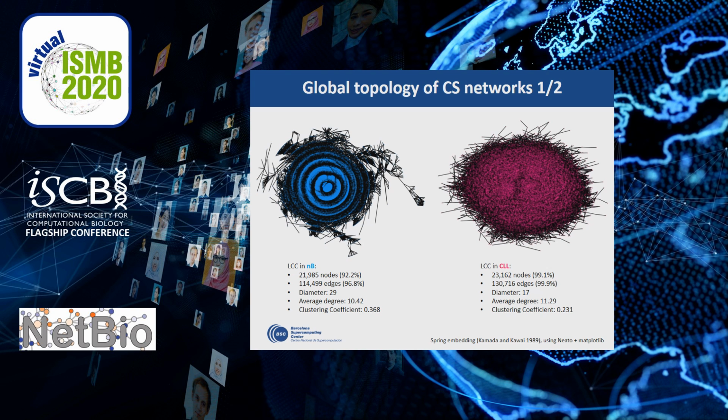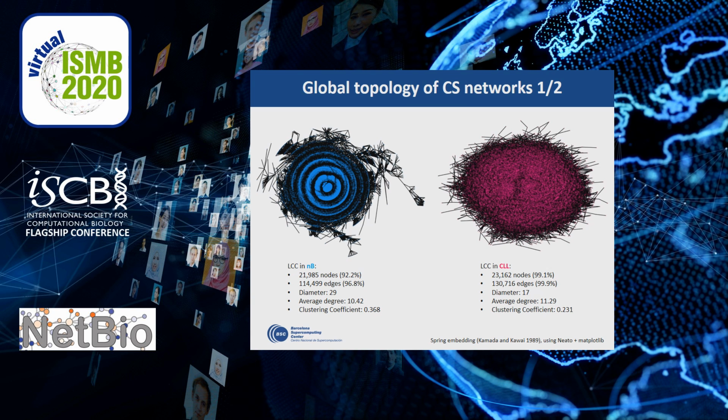To visually see what could be happening, we then decided to embed in 2 dimensions the largest connected component of the two networks using so-called spring embedding, so that two nodes that are strongly connected to each other are in proximity in that 2D space.